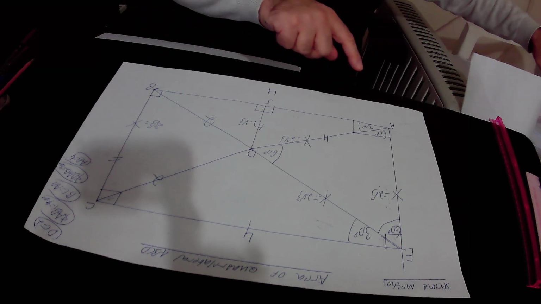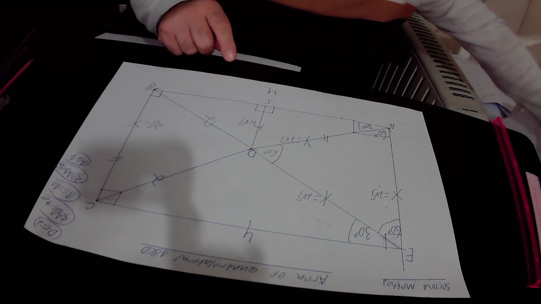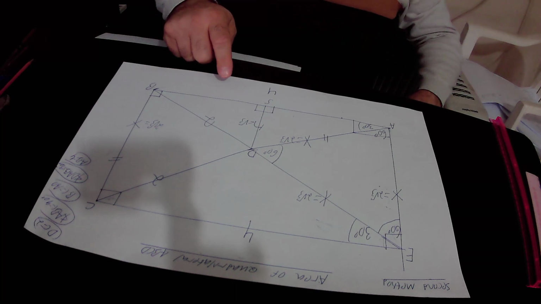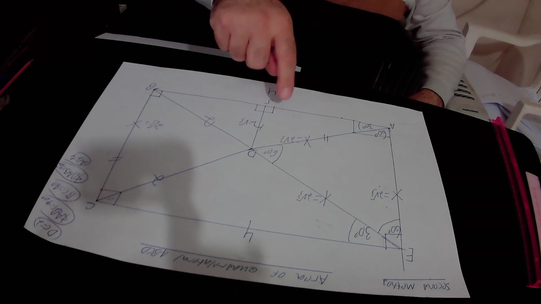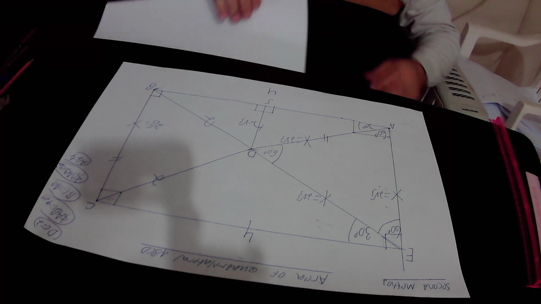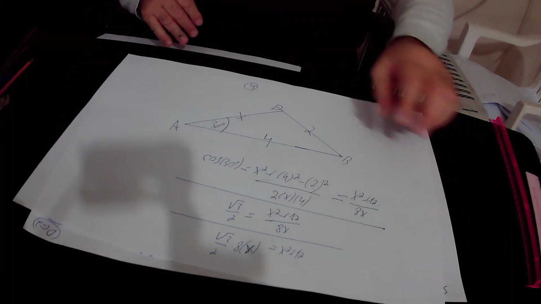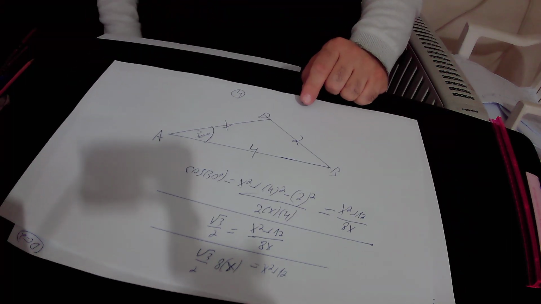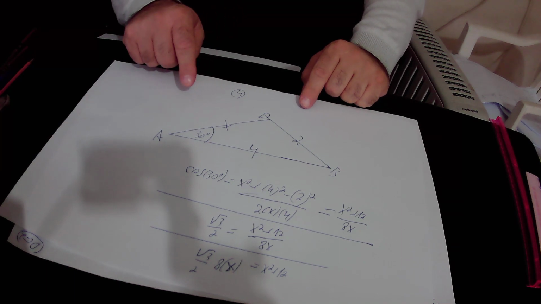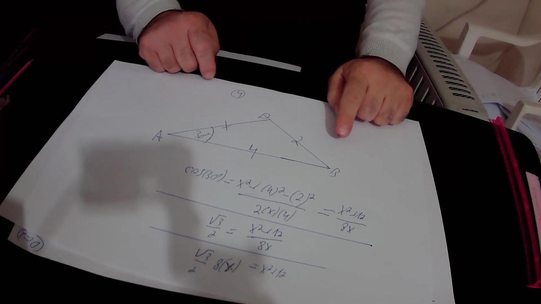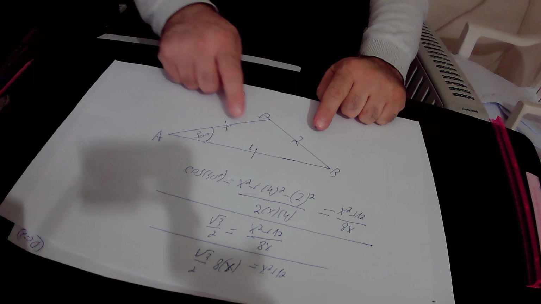Then I drew triangle ADB in a new page, and we implemented the law of cosines in this triangle, triangle ADB. We know that AD equals x, DB equals 2 units, AB equals 4 units.